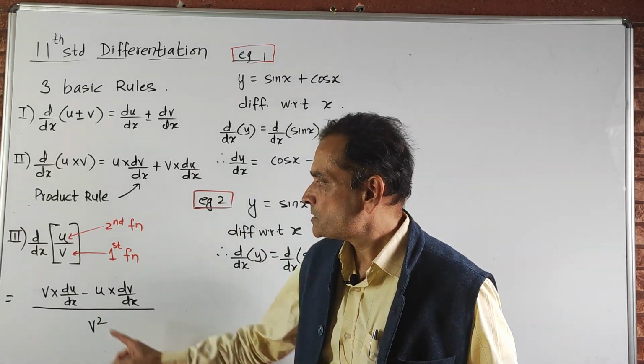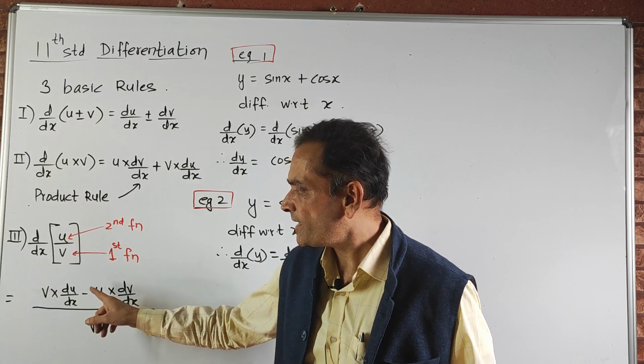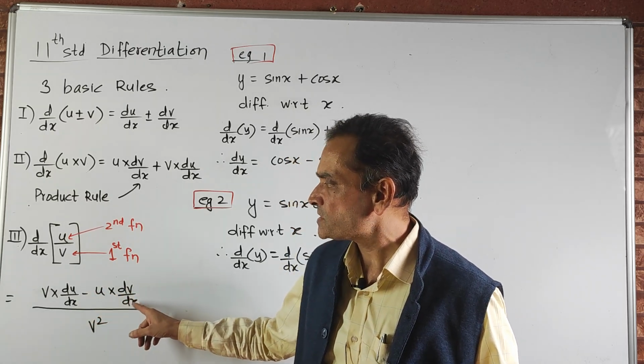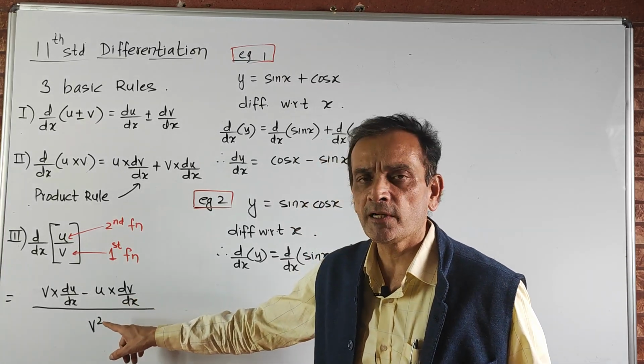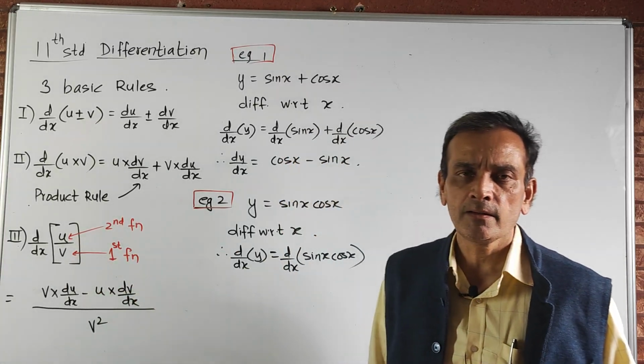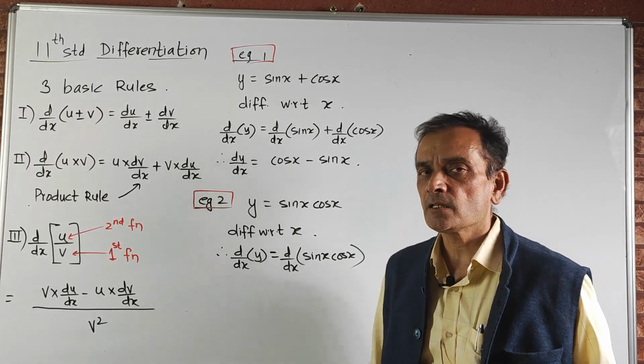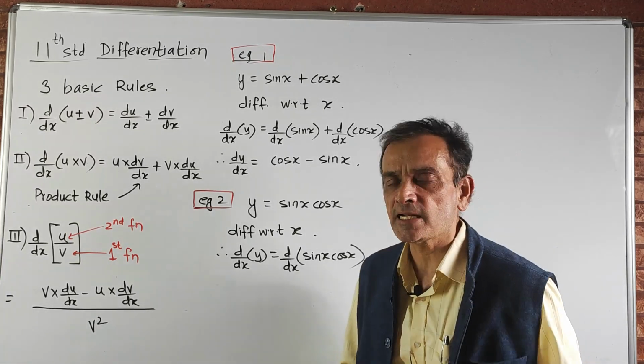So first function derivative of second minus second function derivative of first, लाइन के नीचे डिनोमिनेटर स्क्वायर, whatever the denominator, उसका स्क्वायर लेना है. So these are the three basic rules for 11th standard.